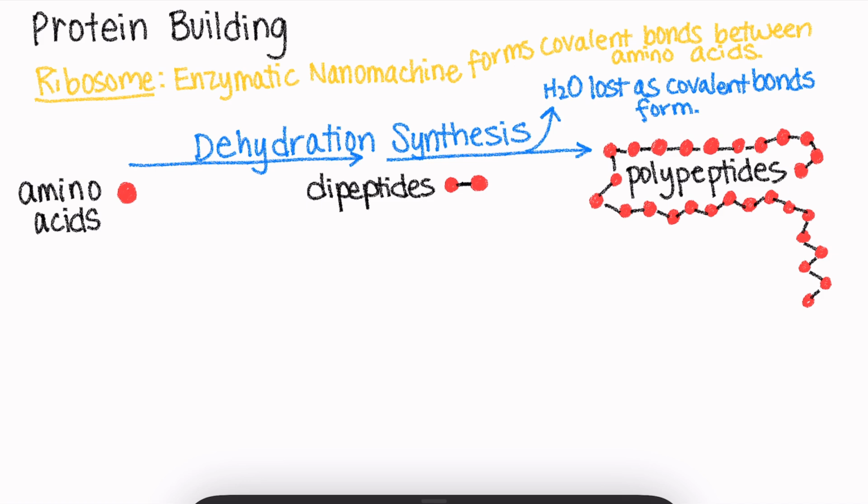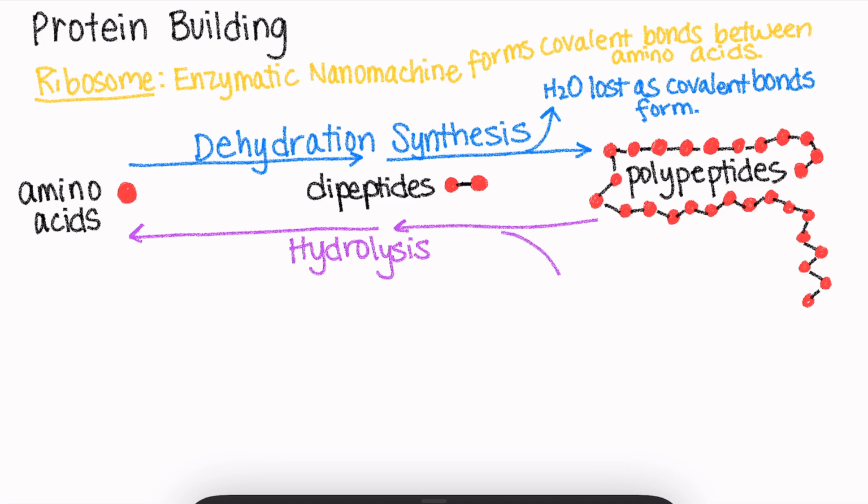Polypeptides can be broken down back into smaller dipeptides and then to single amino acids. And that process is known as hydrolysis, which means water break. So we're going to have to add water in order to do that breaking.